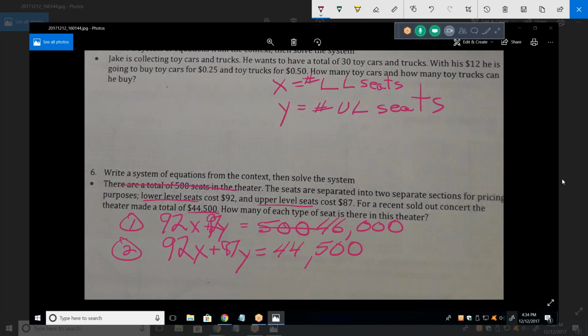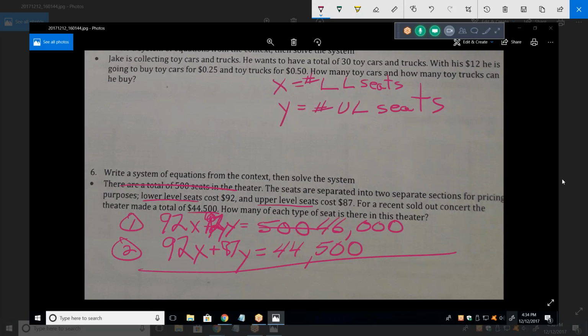Now what? That's a 92 in front of the y. Now, how do you eliminate a variable? Subtract it. Subtract the bottom from the top one. Okay, do it.